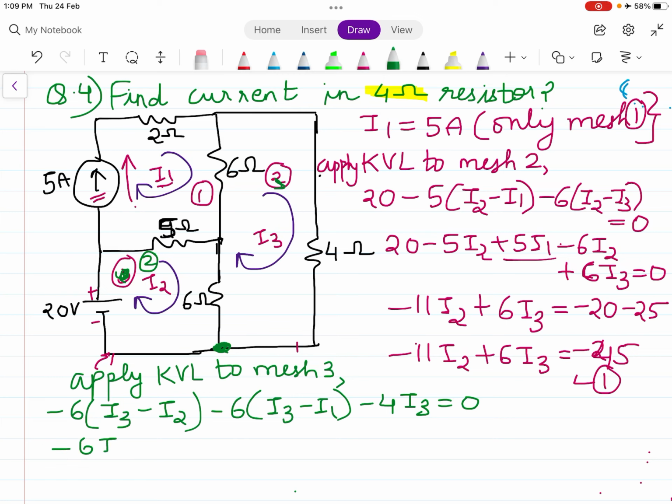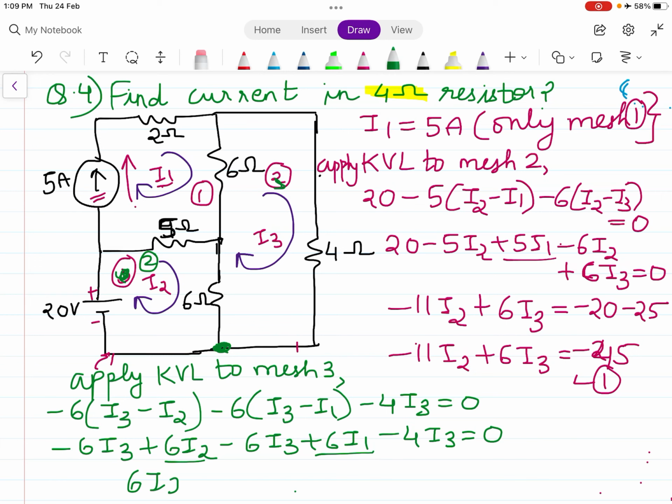So minus 6 I3 plus 6 I2 minus 6 I3 plus 6 I1 minus 4 I3 equal to 0. So this will be 6 I2 minus 16 I3 equal to minus 30. 6 into 5 is 30. This is equation number 2.